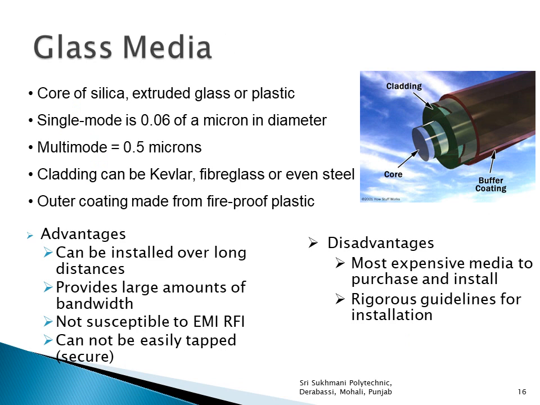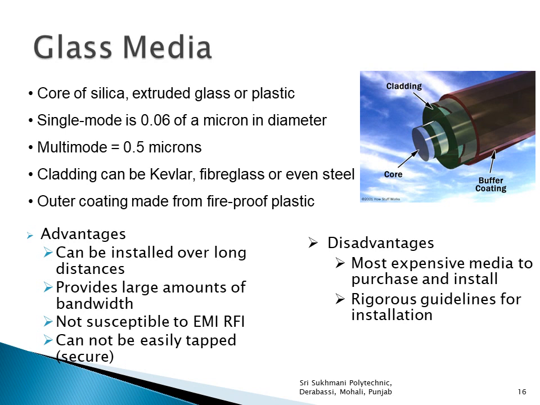Then the important category of guided media is optical cable, known as glass media. Basically, silica material is used to make the optical cable. There are various types of optical cable, single mode fibers and multi mode fibers, depending upon usability.